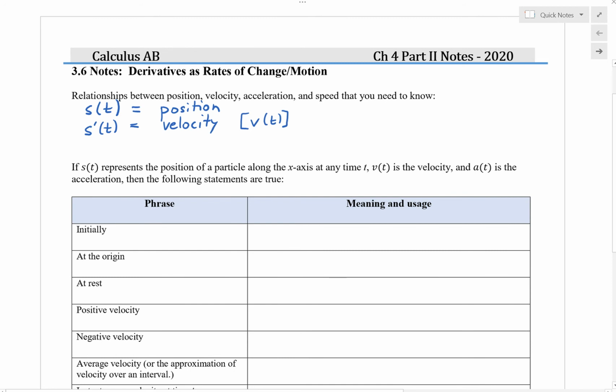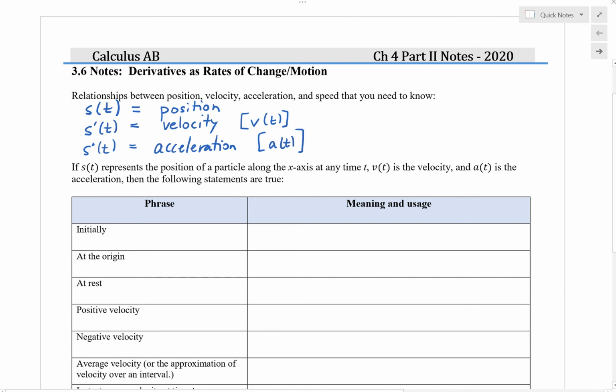And if we take the second derivative, s double prime of t, that's the acceleration function, which is also referred to as a of t.